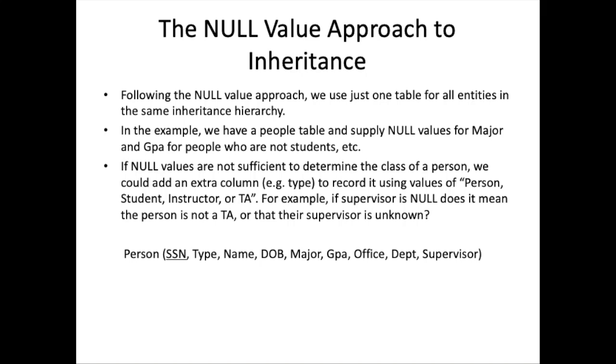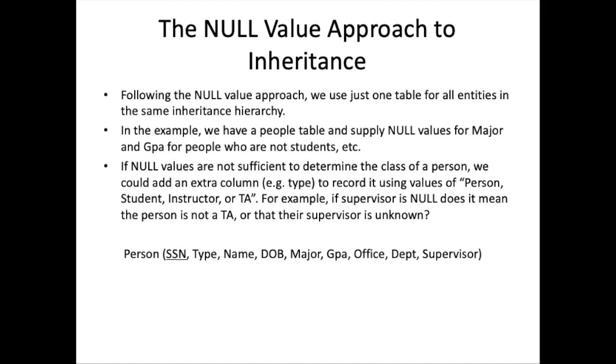If null values aren't sufficient to determine the class of a person, we might need to add an extra column, call it type or something, to record the class by using values like person, student, instructor, or TA. So for example, if supervisor is null, does that mean that the person's not a TA, or that their supervisor is unknown, that we don't know who their supervisor is, or they haven't been assigned a supervisor yet, something like that.